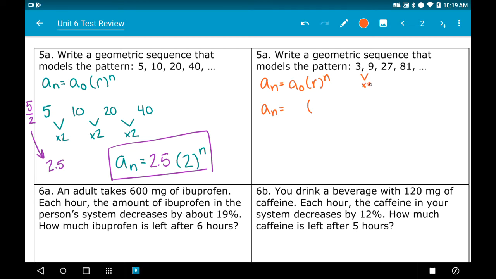So here it's times 3 times 3 times 3. So when you multiply by 3, that means that our common ratio would be a 3 here. But now if I go backwards, I'm not multiplying by 3, I need to divide by 3. So 3 divided by 3 is going to be 1, which means our 0 term is 1. So that would be the sequence that represents that pattern.